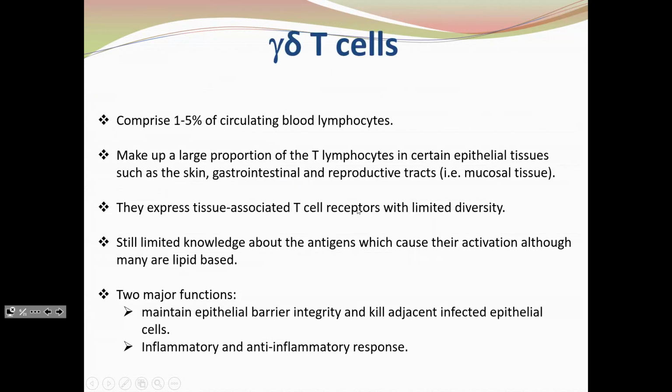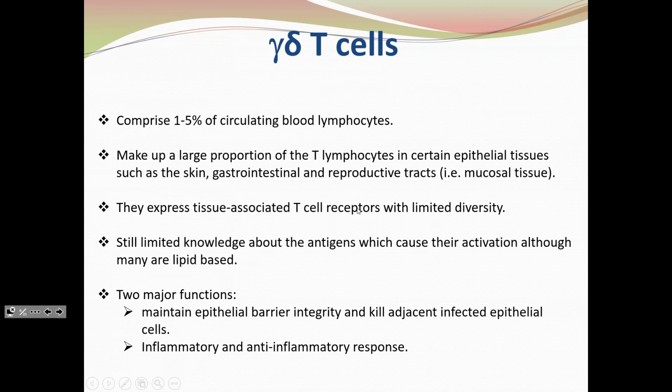The gamma delta T cells I touched briefly on last year, but I didn't say much about them. If you remember, 95% of T cells have a T cell receptor composed of two proteins, an alpha chain and a beta chain. These T cell receptors recognize predominantly protein peptide antigens presented on class 1 or class 2 MHC.